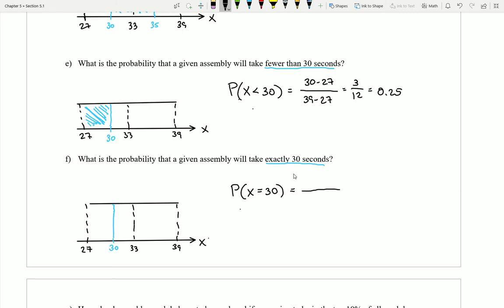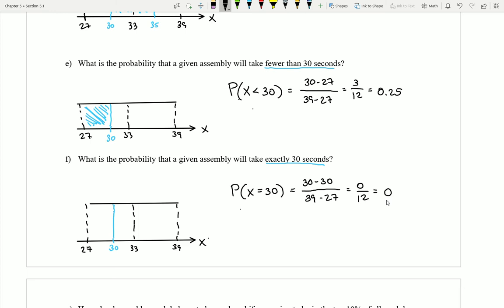My blue stuff is going to go from 30 to 30, while my entire big rectangle goes from 39 down to 27. So I'm going to get 0 out of 12. In this case, 0. The chances of actually getting the module produced in precisely 30 seconds has probability 0.